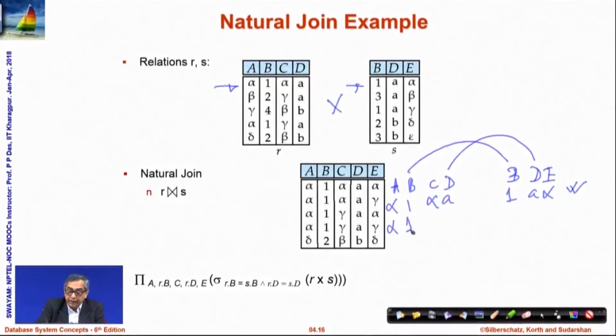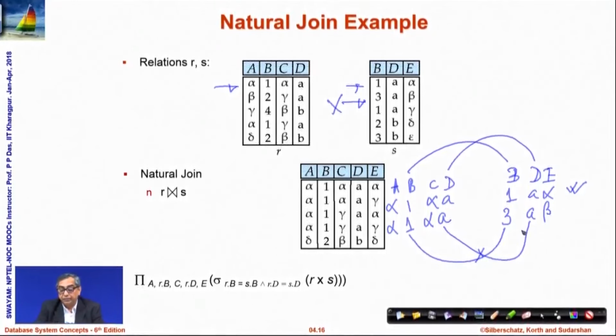But in the Cartesian product, I will also have the first row of R going with the second row of S: alpha 1 alpha a, 3 a beta. Here the B does not match; D does match, but the B does not match.